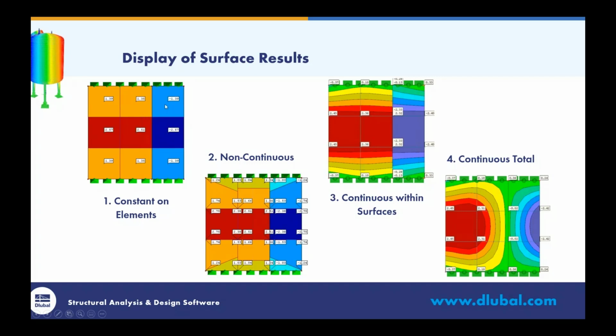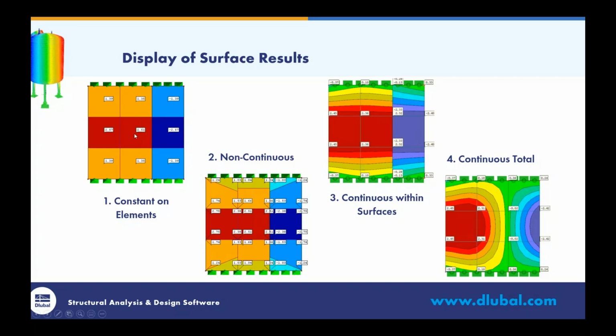So when we choose the first option, constant on elements, well, we have every FE mesh element point here, right? And we're going to average out those 4 points for a single FE mesh element, and we're going to give you that average value right here in the center. Then we're going to base our colored contours only on that average value.